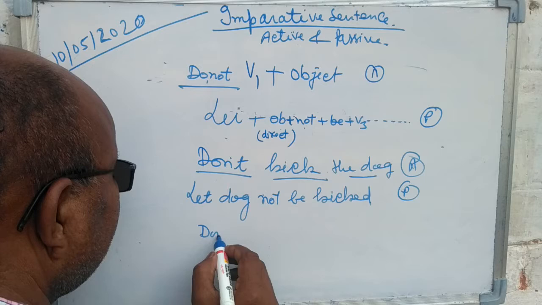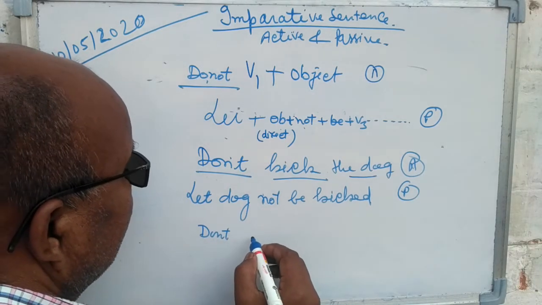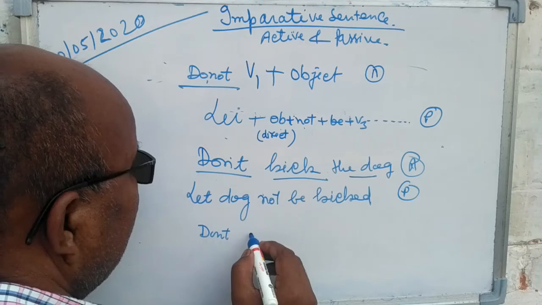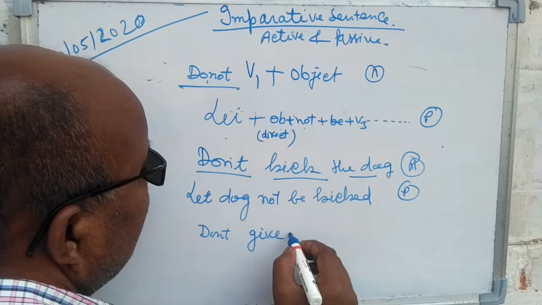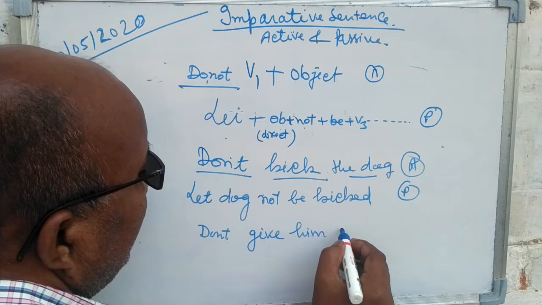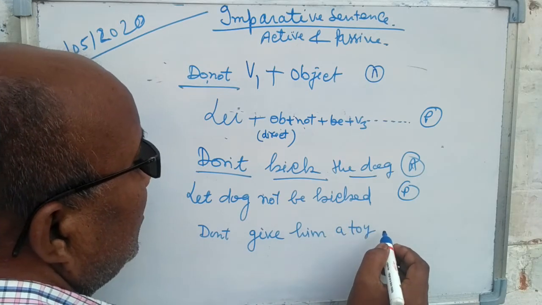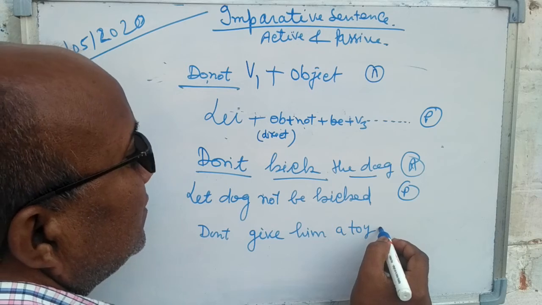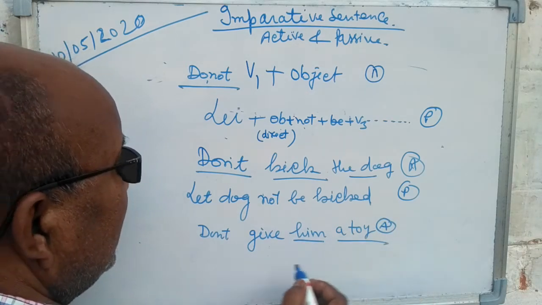Don't give him a toy. This sentence is in active voice, this is the indirect object and this is the direct object.